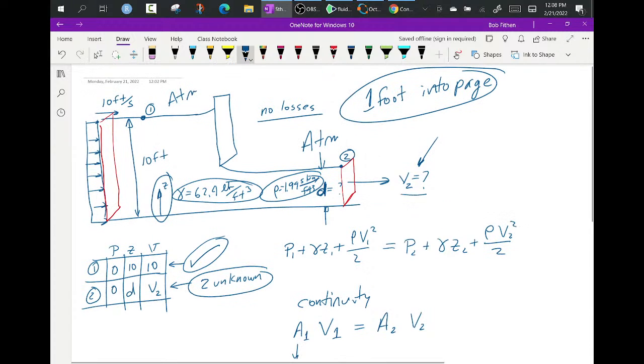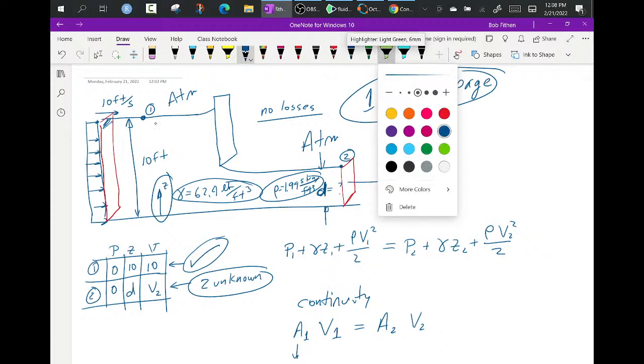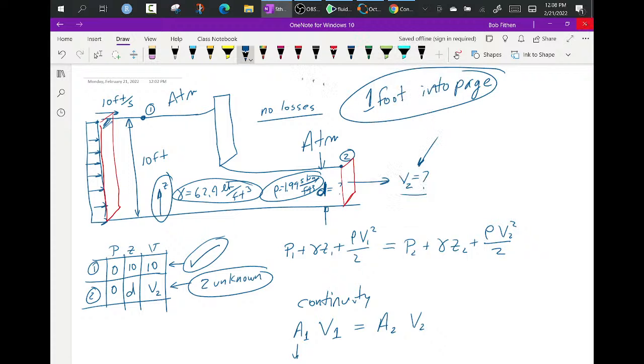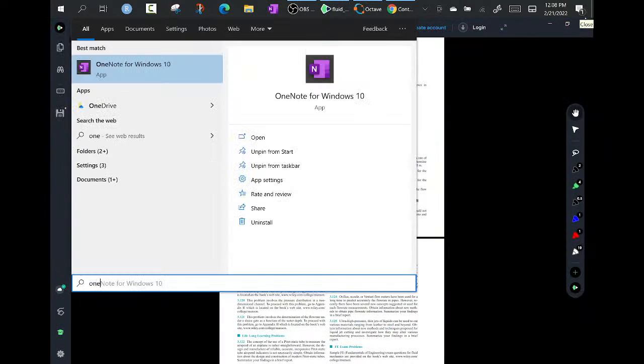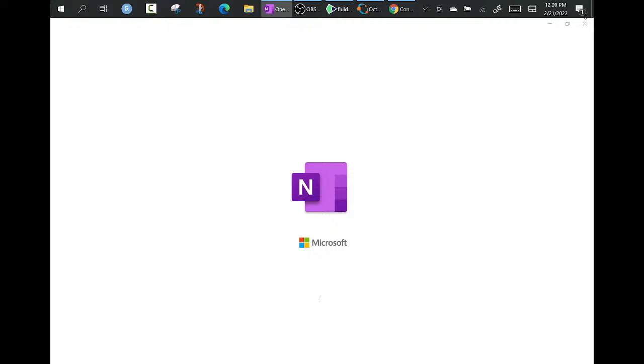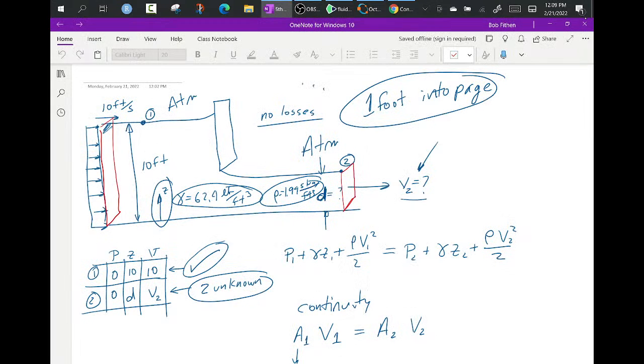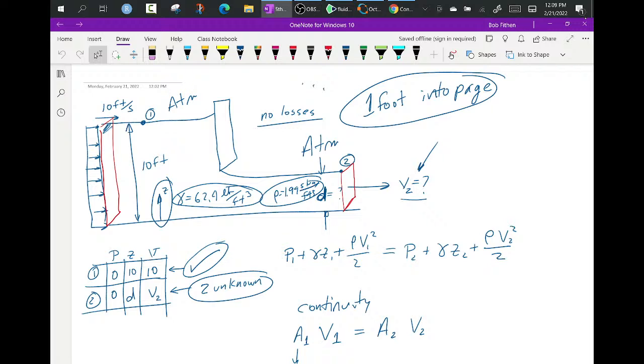Area 1 is going to be this area. Area 2 is going to be this area.